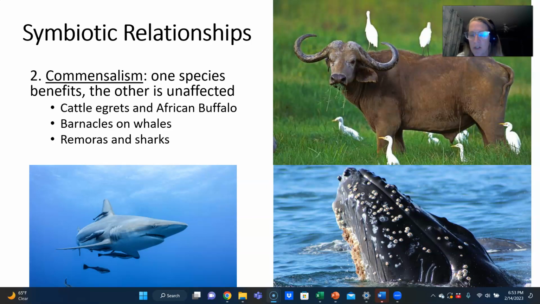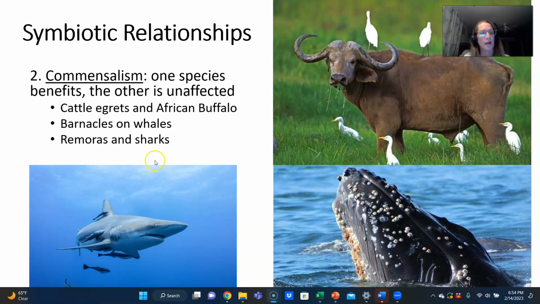They get a free ride to wherever the whale is going to go, and they get plenty of food, because as the whale is moving through the water, that exposes the barnacles to lots of little creatures in the ocean that it can filter feed. So it's constantly being exposed to new water where there's lots of little creatures for the barnacles to feed on.